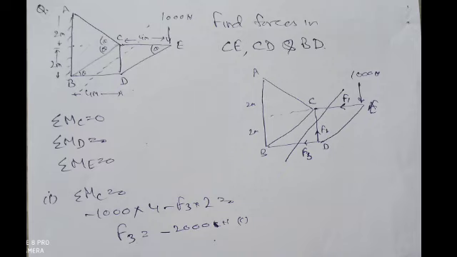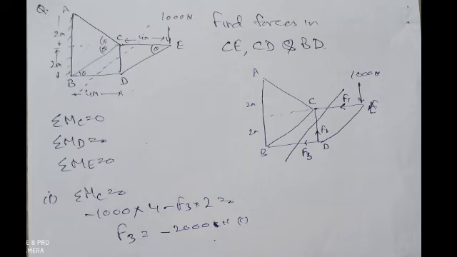So in this way you can see the procedure to find out the forces. First of all, we determine the value of reactions. Then we make a section line about which we have to calculate the forces in various members.